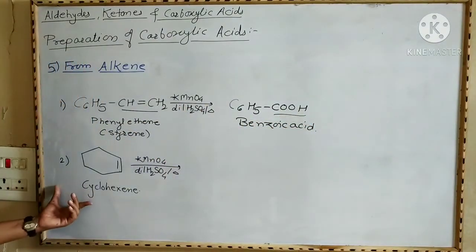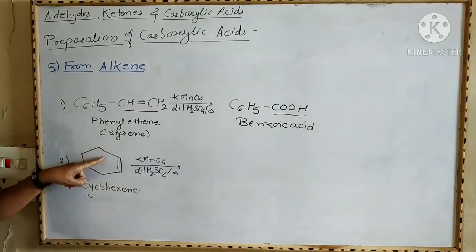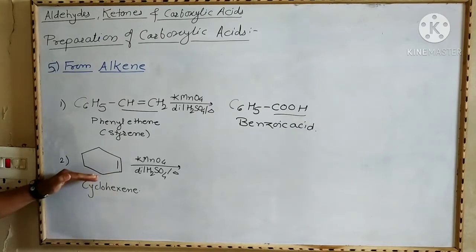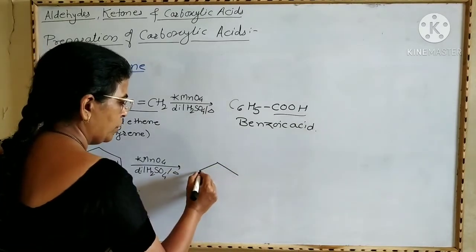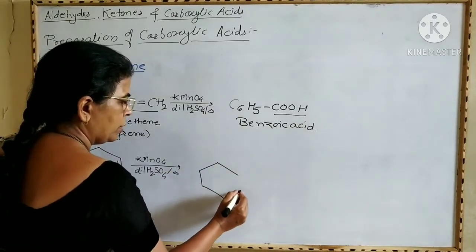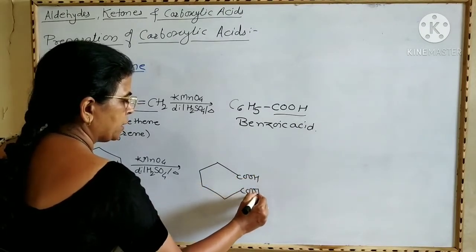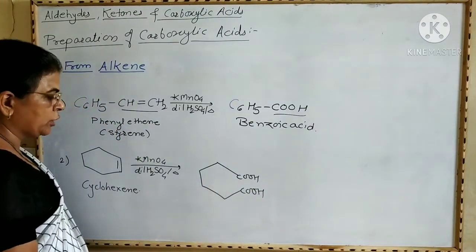Now second example, this is cyclohexene. 6 carbon atoms are in a ring and there is one double bond, therefore it is cyclohexene. When this compound undergoes oxidation, this compound is formed. Now here it is a dioic acid, that is, there are 2 carboxylic groups.